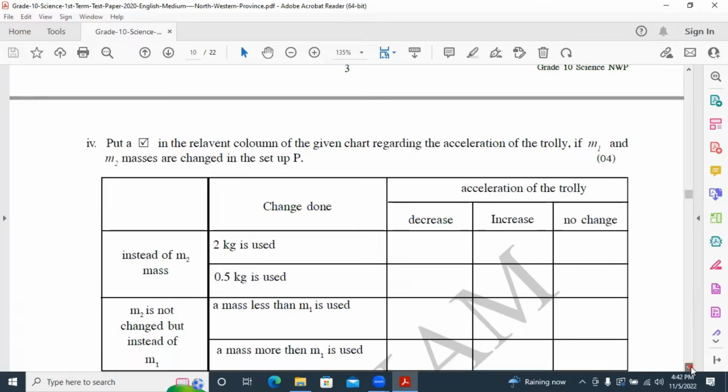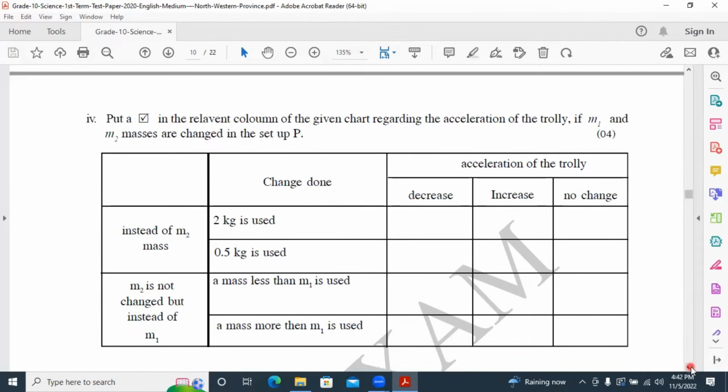Put a tick in the relevant column of the given chart regarding the acceleration of the trolley. If M1 and M2 masses are changed in setup P, and 2 kg is used instead of the M2 mass, then the acceleration is increasing.